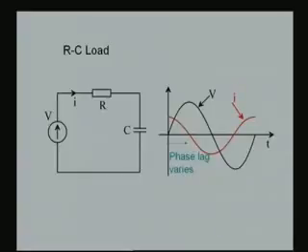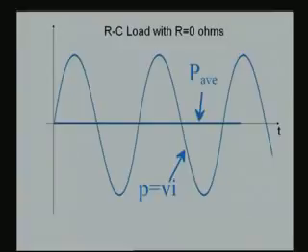Now, in this case, we see that the current leads the voltage by some phase angle, and the phase angle varies according to the amount of R that you are going to put into the circuit.